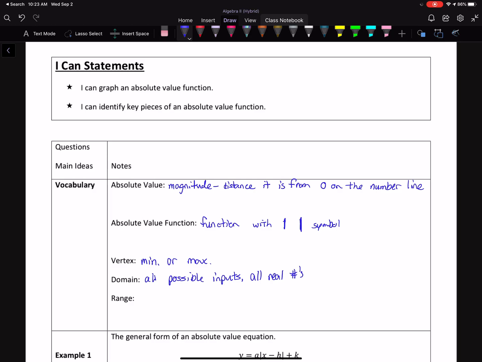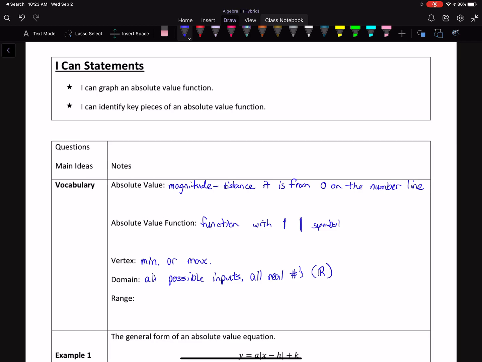Any real number that you can think of, you can put into an absolute value function. Now, if you don't want to write all real numbers, we can use this symbol here. It's kind of like a double line and then an R over the top of it. That is a symbol you can use to write all real numbers to save yourself a little bit of time.